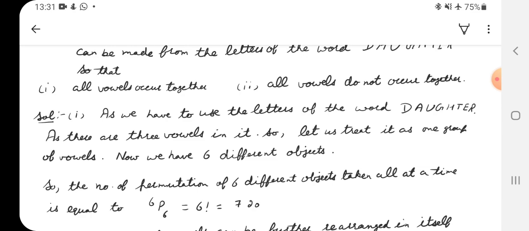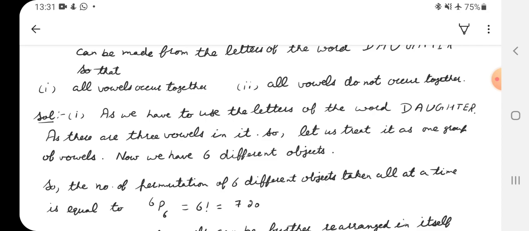As there are 3 vowels, we will treat the group of vowels as one group, and left are 5 consonants, right? So we have one group of vowels plus 5 consonants. So total we have now 6 different objects.